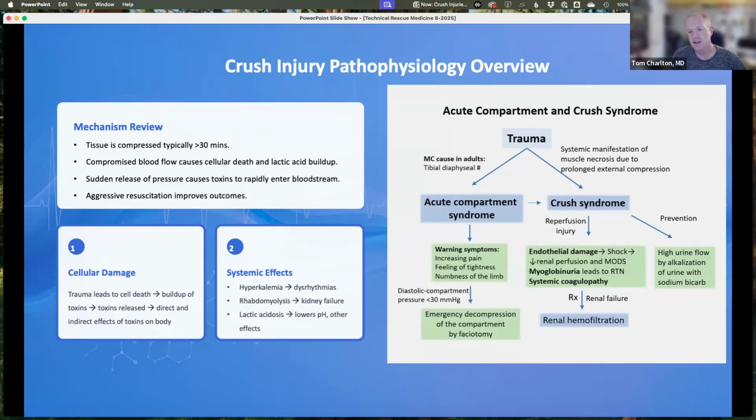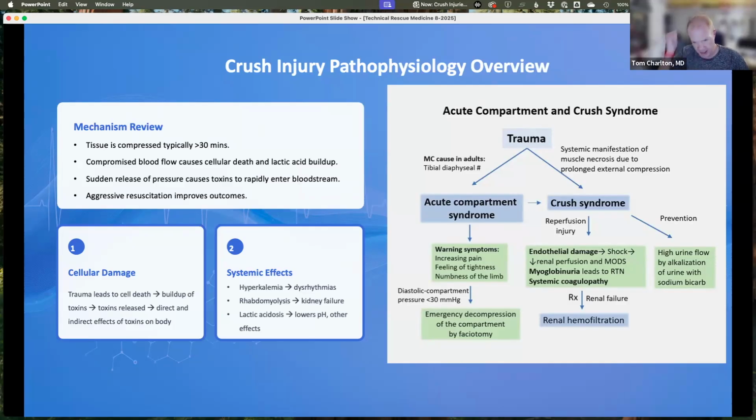That is treated, unfortunately, typically with surgery. It requires potentially a fasciotomy, where we have to cut open the fascia that's enveloping these muscles so that we can relieve the pressure, because otherwise that pressure just continues to build and will begin to compromise blood flow again, this time just from interior pressures.